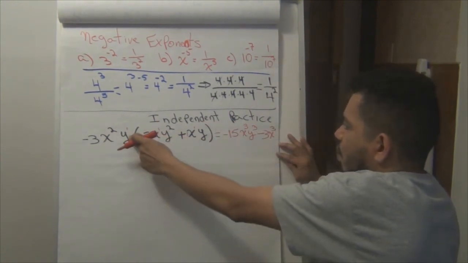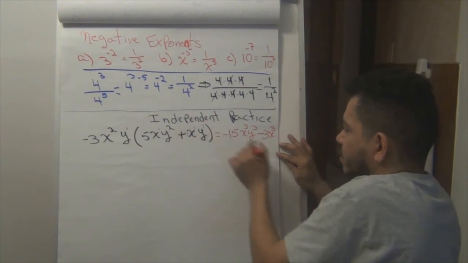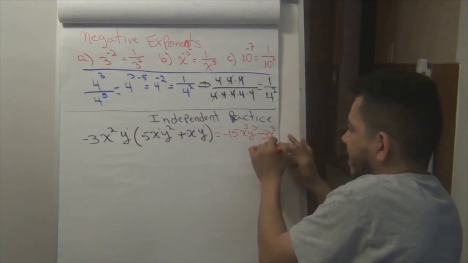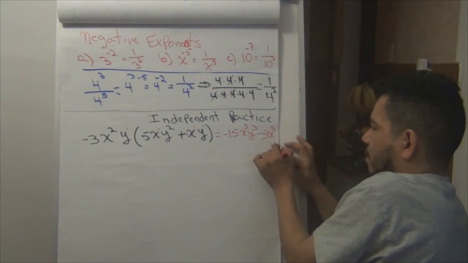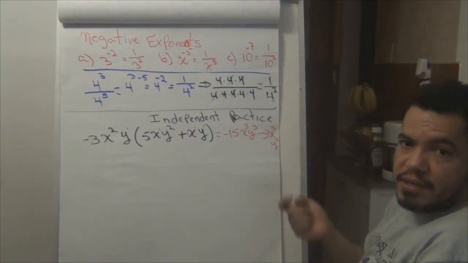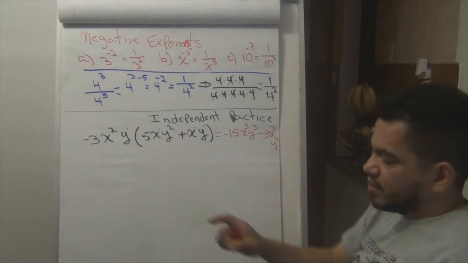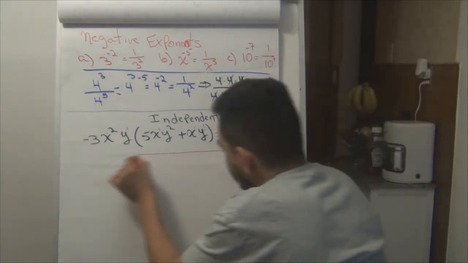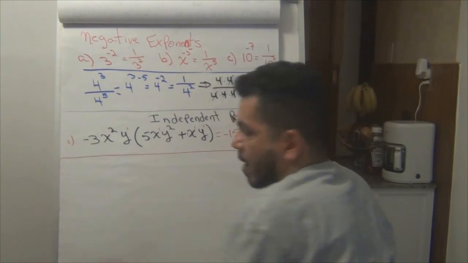And then y to the first times y to the first is y squared. Next to the x to the third power. I'm sorry, it didn't fit. Should have written smaller, right? So that takes care of the first problem.